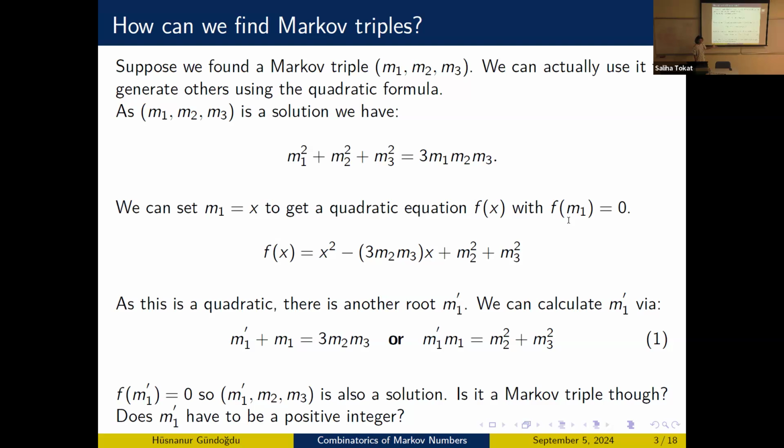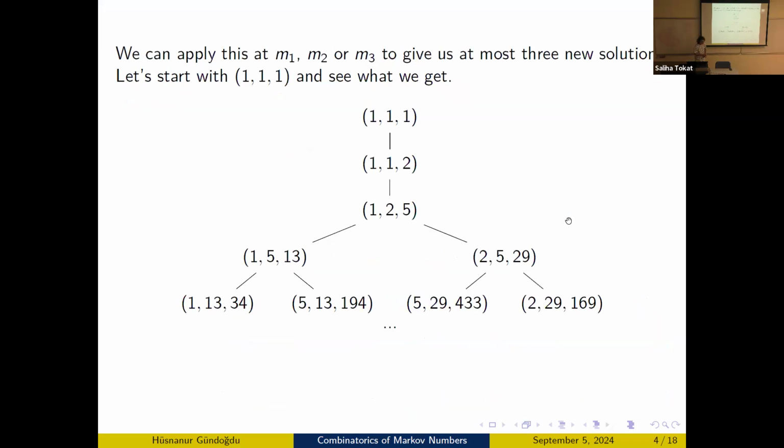And next solution triple. So we can apply the same thing for 1, 2, 5, and apply the algorithm for these numbers. We can get at most 3 new solutions, and with these solutions we can construct a graph. Let's start with the solution that we already found, 1, 1, 1.